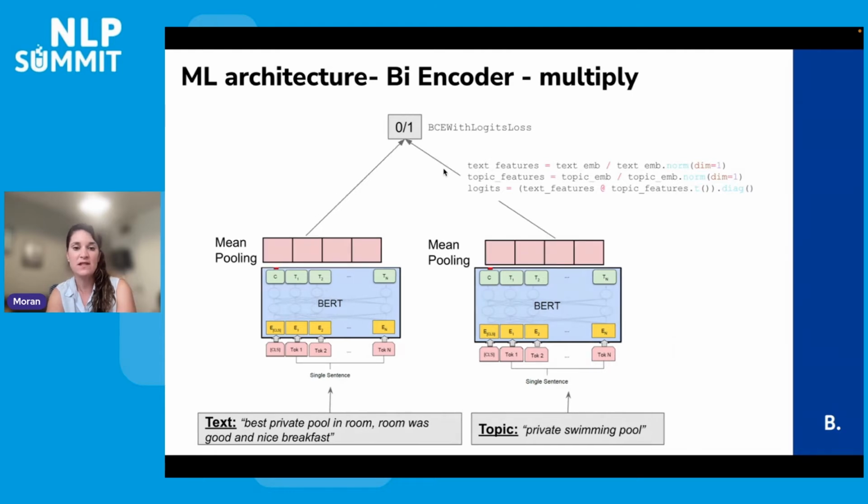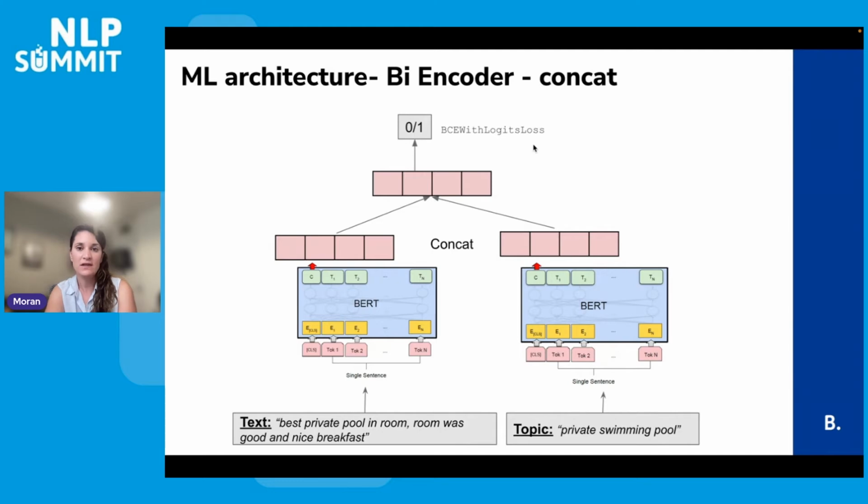And instead of the CLS token embedding, we can use mean pooling. We can take each one of the tokens in the text and each one of the tokens in the topic and do a mean pooling and get one embedding representation for each one of them. And then we can do the same, multiply them, normalize, and then have the prediction with the binary cross entropy.